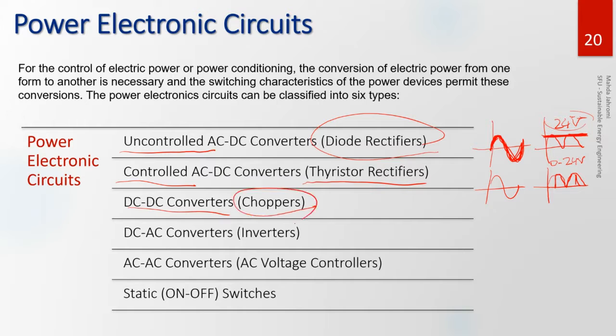DC-DC converters, sometimes we call them choppers. So that was the example that I gave you last time. So for example, if you have a 24 volt DC battery, how do you create 12? I mean, you can do a voltage division with two similar resistors, but then your efficiency will be quite poor.